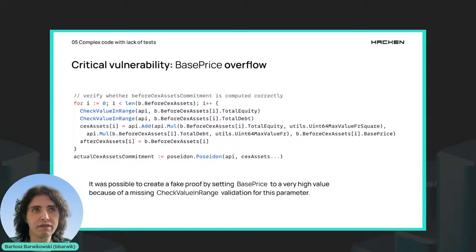I was able to find it because it wasn't super related to zero knowledge proof. It was a classic coding issue, integer overflow. It's not only for zero knowledge proof. So this is how my story with zero knowledge proof started.